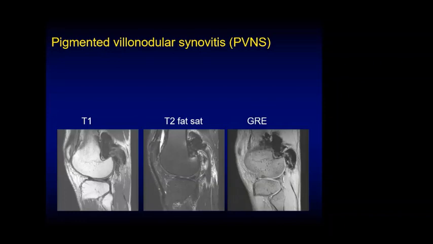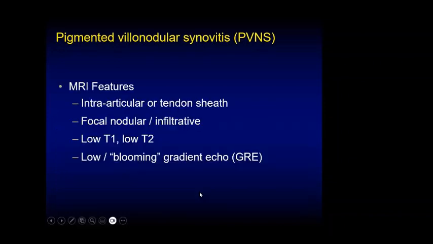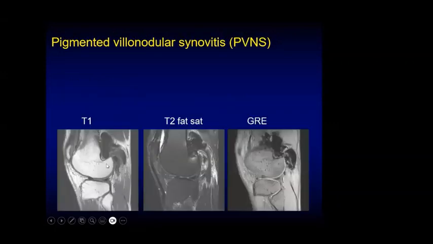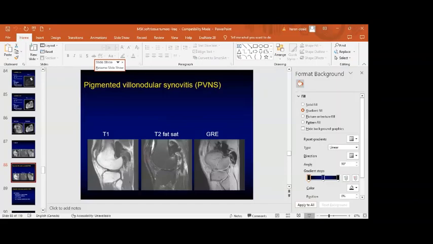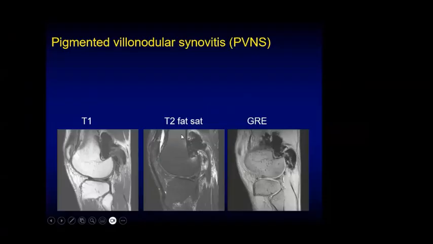You're absolutely right. So what is characteristic about PVNS is that it is low on all the sequences with the bloom artifact on the gradient. So this is exactly what you have here. Again, this is one of the entities where MRI is another example of how MRI could help you detect and characterize some soft tissue tumors.